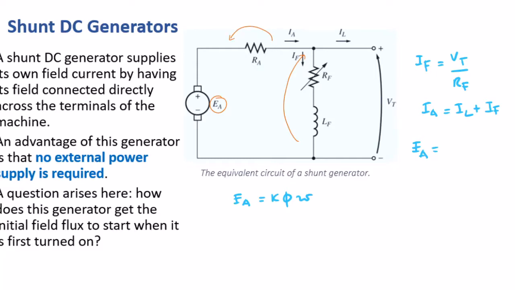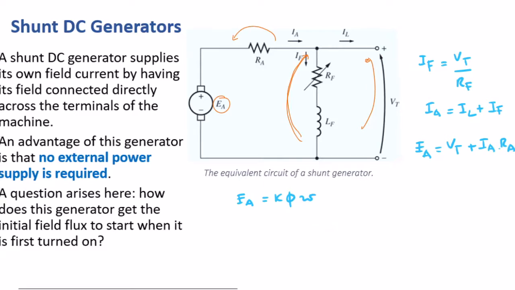So EA and this voltage here is actually equal to this voltage. So EA equals VT plus IA times RA. Those are the equations that we can derive from this equivalent circuit, and they can be used to do the analysis of these shunt DC generators.